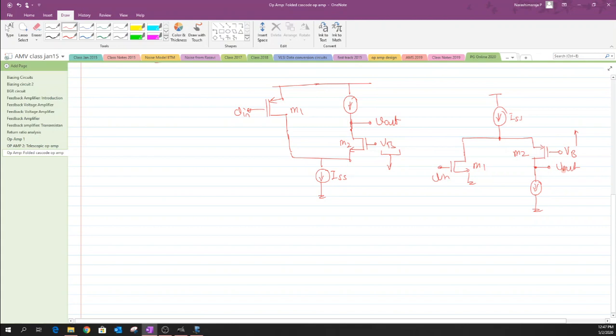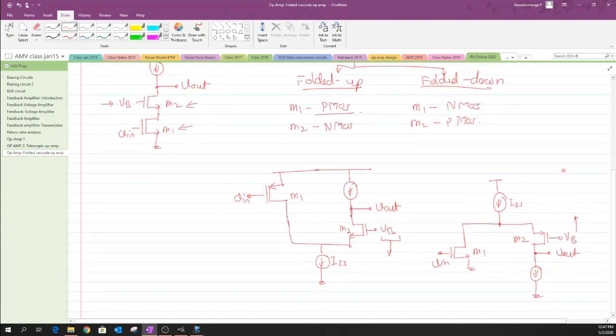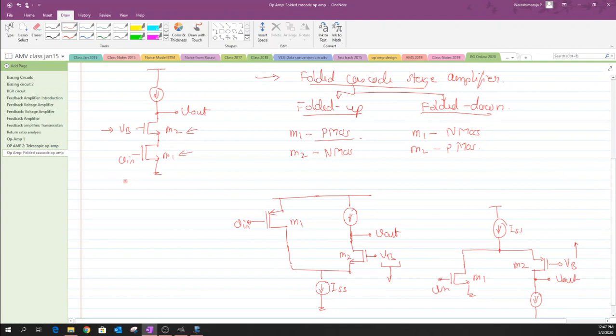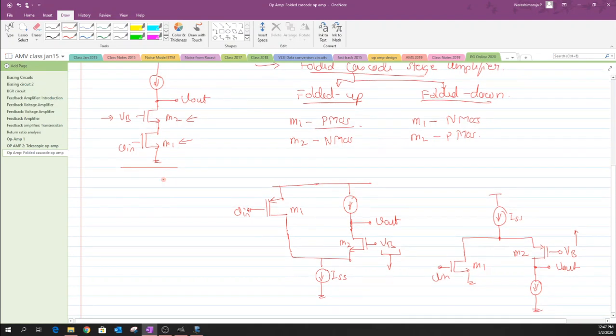So in a way, when you compare these two structures, in the case of a cascode amplifier, the VB was constrained by both the drains, whereas in the case of a folded cascode configuration, one of the constraints was removed from the VB value fixture. That is one of the main advantages.